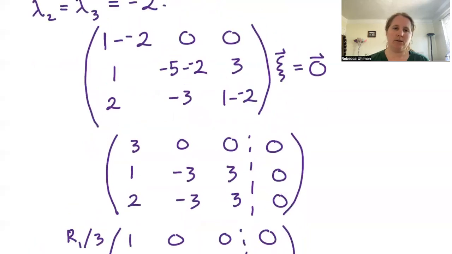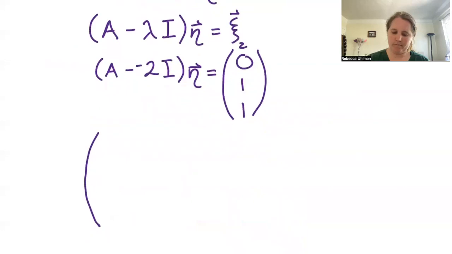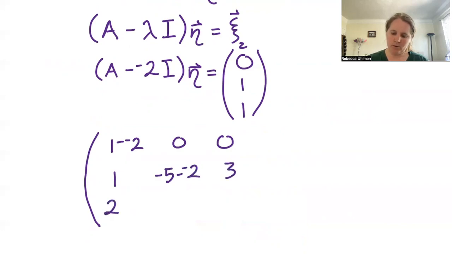So we had 1 minus -2, 0, 0. Then we had 1, -5 minus -2, 3. And then we had 2, -3, 1 minus -2. Let me just verify I have that correct.